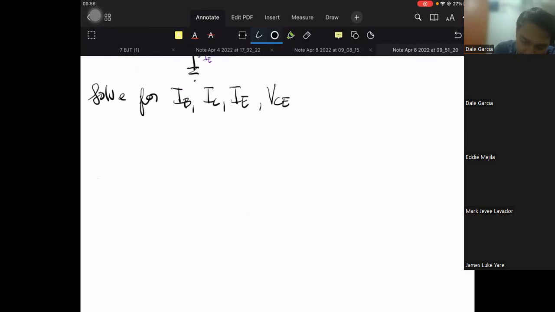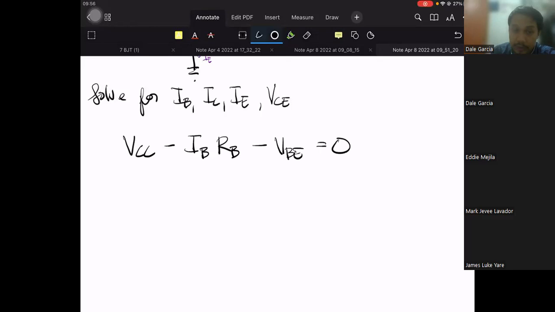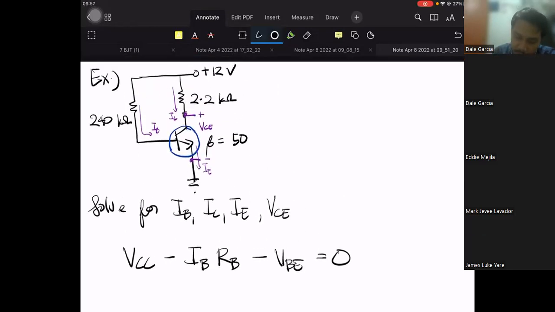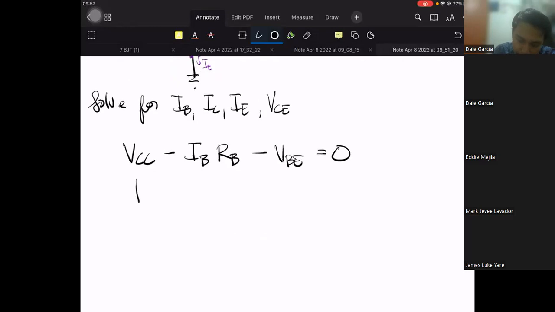First, the KVL equation: VCC minus IB RB minus VBE equals 0. VCC is given as 12 volts. IB is not given, so it is unknown.